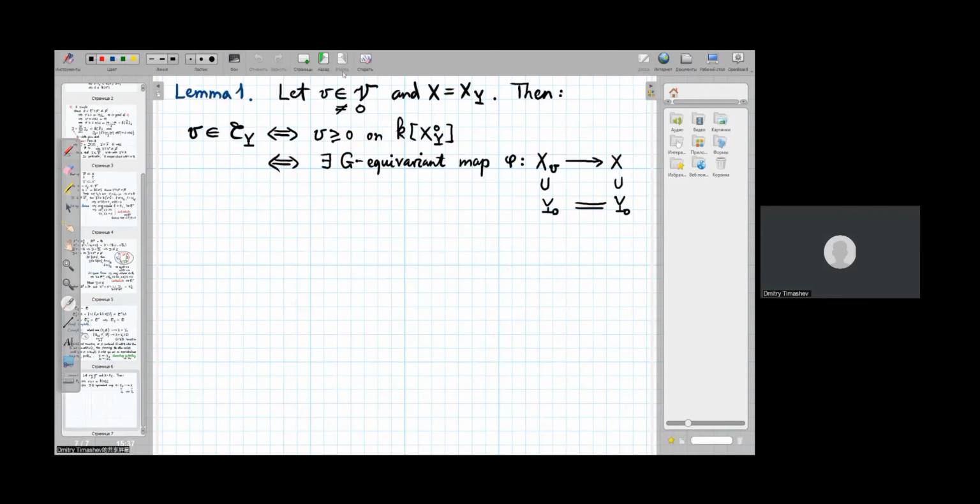Can we calculate, for example, the point stabilizer of some point? Yeah, I understand your question. So suppose you know this, and suppose you are given V.